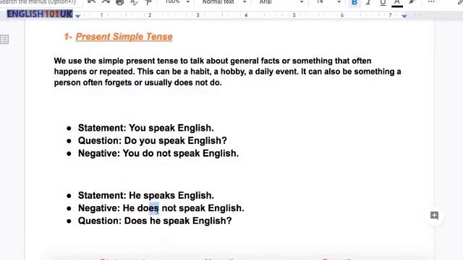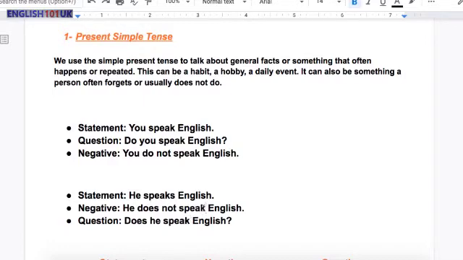He does not speak English because he is the third person as well. How about the question form? Does he speak English? Again, we use does because we are using the pronoun he, and since we use does here and here, there is no s at the end of the verb anymore.